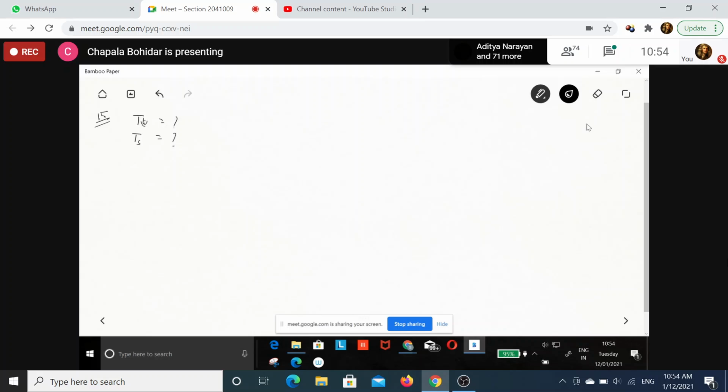Very good. Then Ts is equal to 20 degrees Celsius. Okay. Then what is the condition given here? After 25 minutes, in a 20 degree centigrade room, its temperature has increased to 10 degrees centigrade. So what do you write down here?